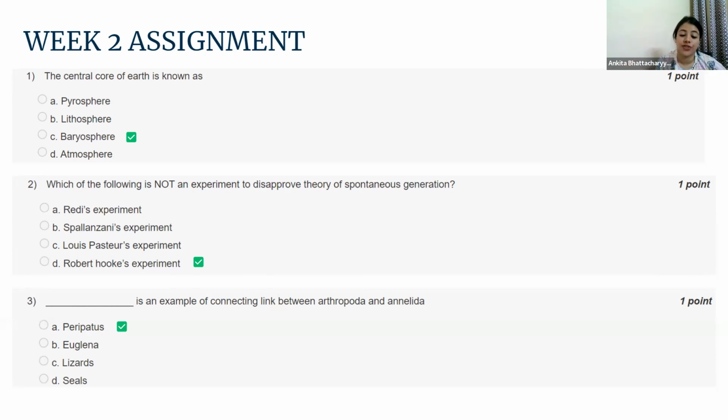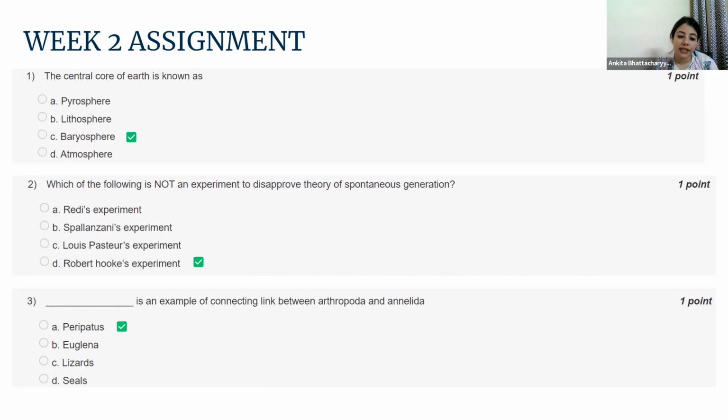Then the third question was about connecting links between arthropoda and annelida. In the lecture, there have been evidences that support the concept of evolution, of changes over time, and among those, the idea of connecting links had come up.